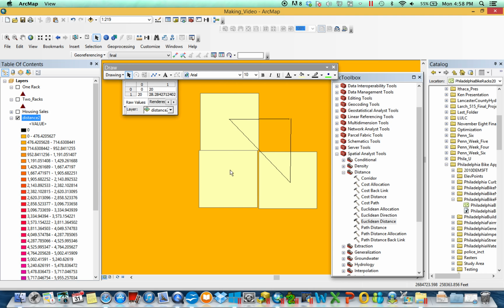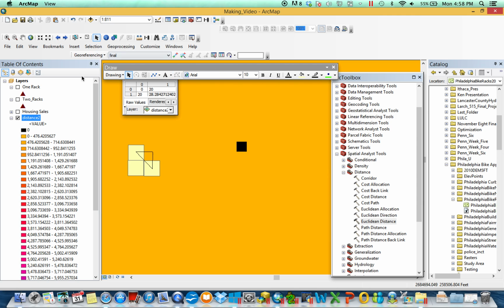So again, if I were to go down 20 and then diagonal, it would be 20 plus 28.28, or 48.28. So play around with your pixel inspector, take a look at these, and you'll see that what I'm saying is not crazy: it's measuring the minimum distance that it would need to get back to this point.